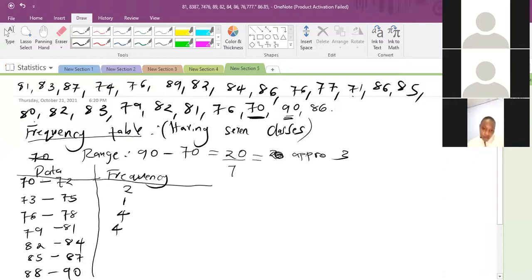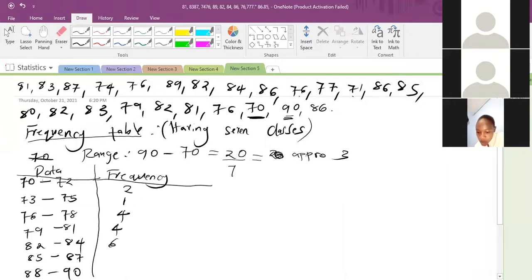Then 82 to 84, we have this 83 is there, 1, 2, 3, 4, 5, 6, and that's it. So those are 6 values. Then 85 to 87. This is 86, it's in between.